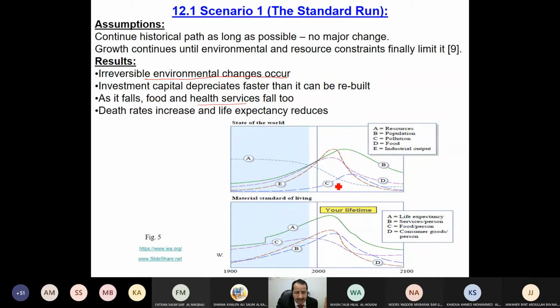You can see this clearly in these statistics taken from the IEA, the International Energy Organization, where they put the expectation from 1900 into 2100. We are in 2020. As you can see here, these are my parameters, A, B, C, D, E, representing resources, population, pollution, food, industry.